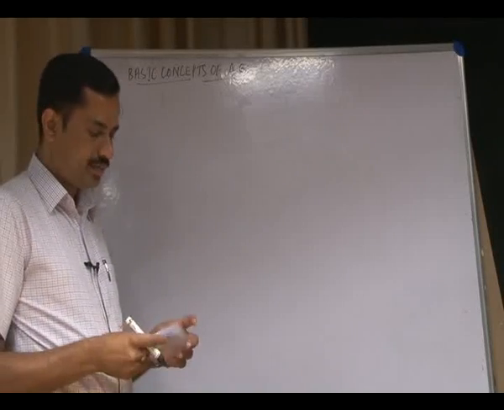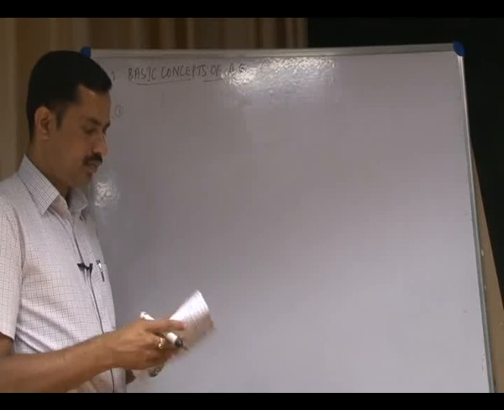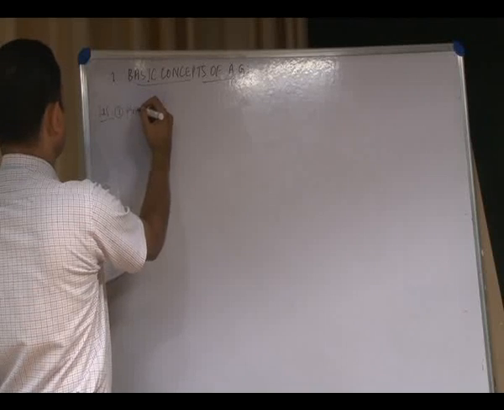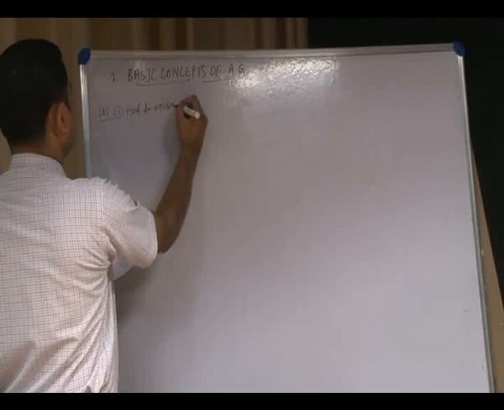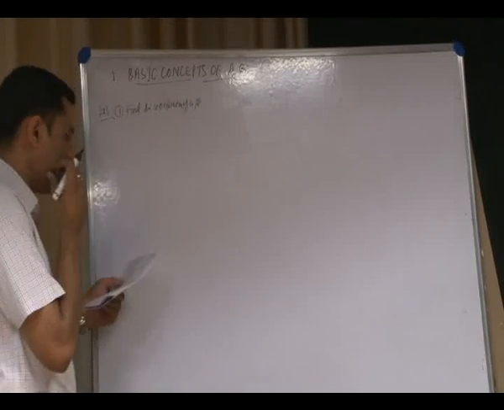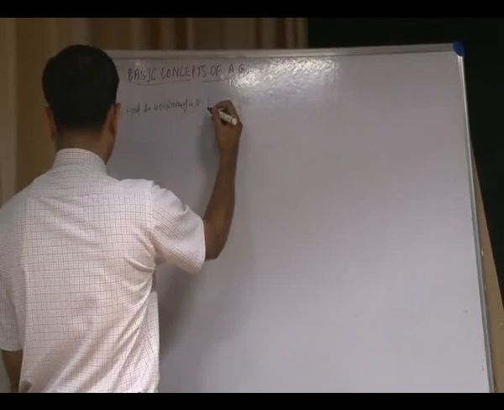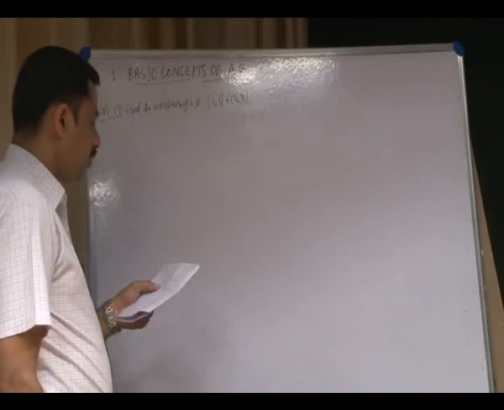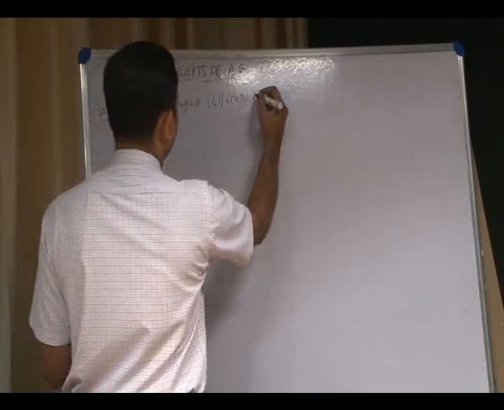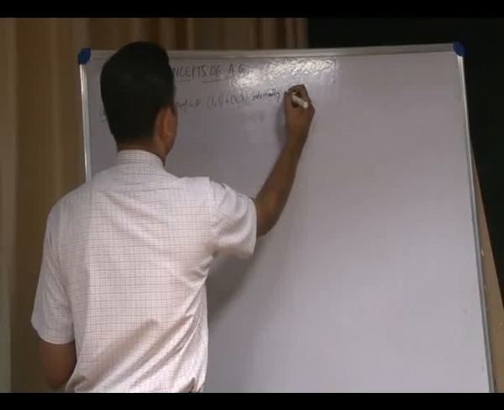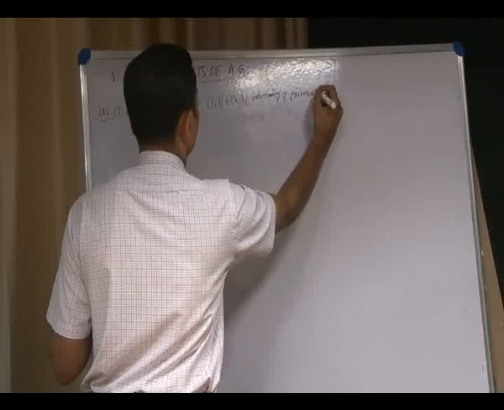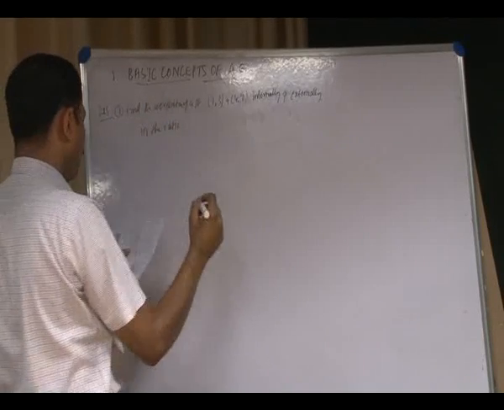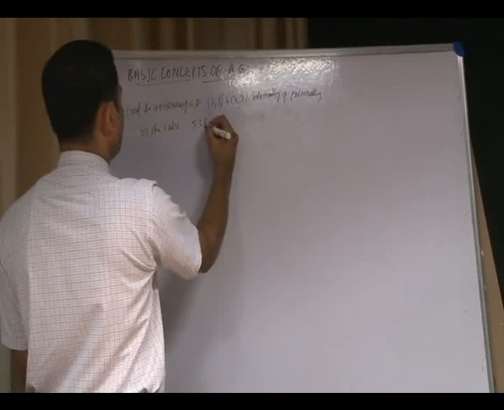So, in that, first problem: find the coordinates of a point which divides the line joining 2 points (1, 3) and (4, 9) internally and externally in the ratio 5:3.